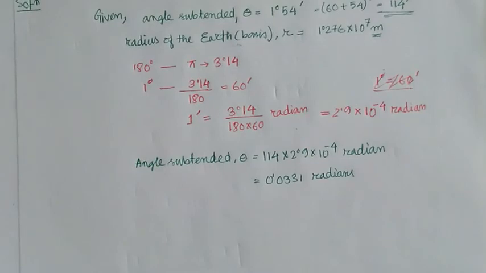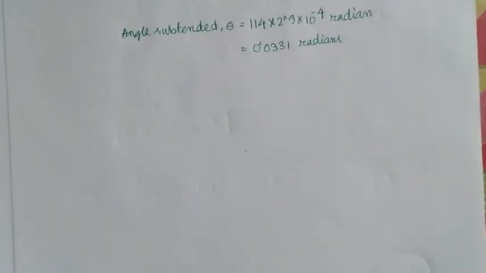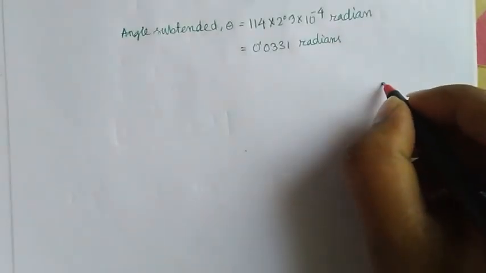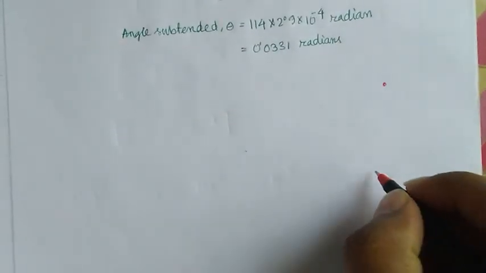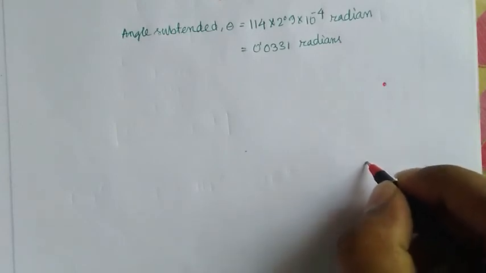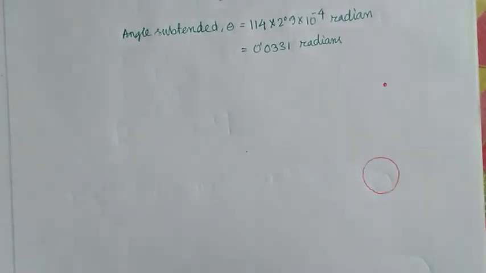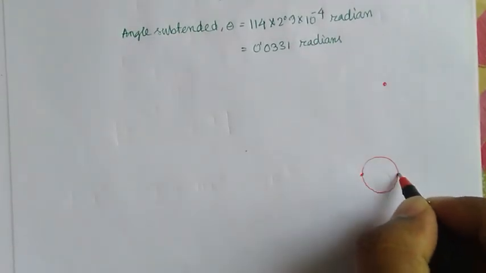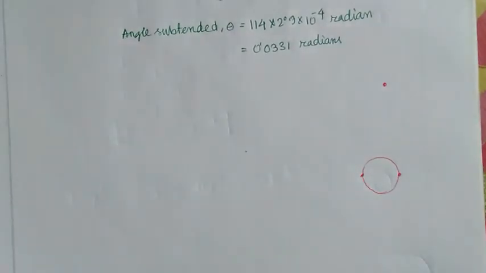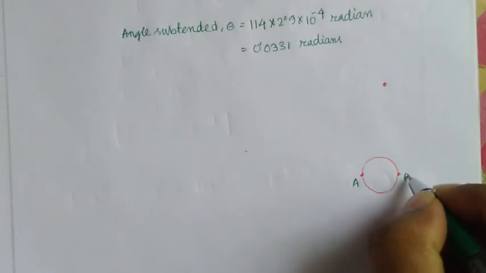Now let's come back to the parallax method. Let's assume that this is the point on the moon, and if this is the Earth, these are the diametrically opposite points on Earth. These are the points A and B on Earth.